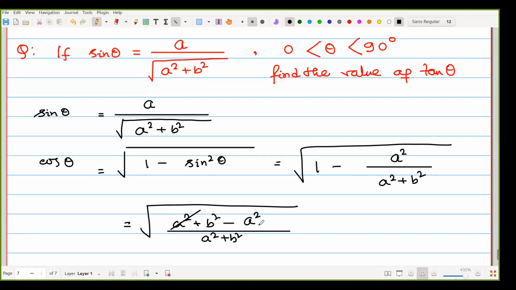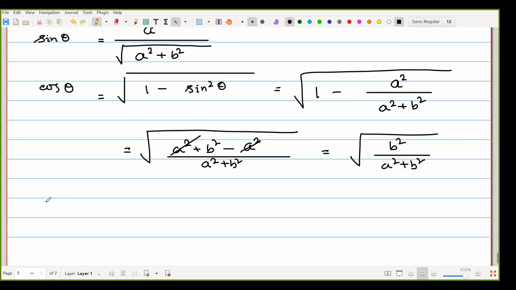Okay, so we can subtract those and we are getting square root of b square by a square plus b square, or cos theta is equal to b by square root of a square plus b square.